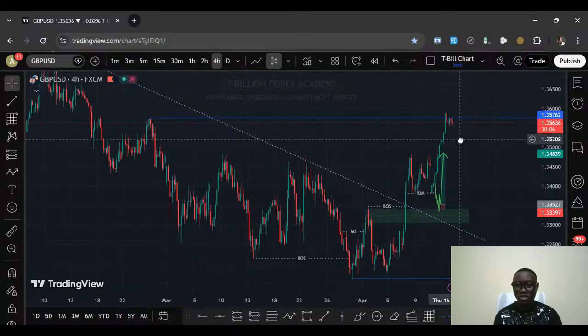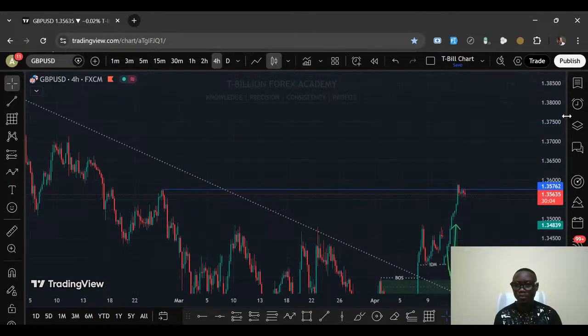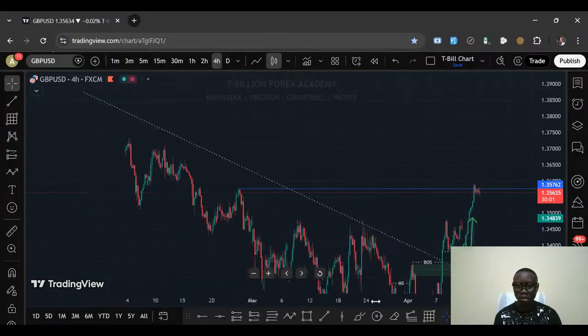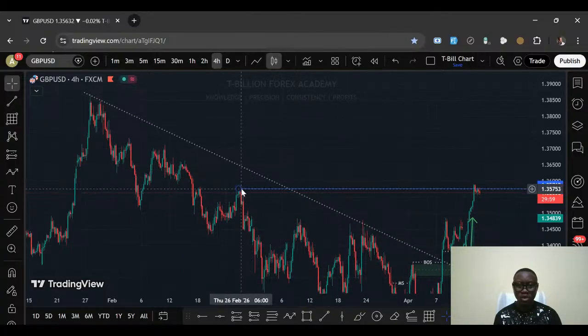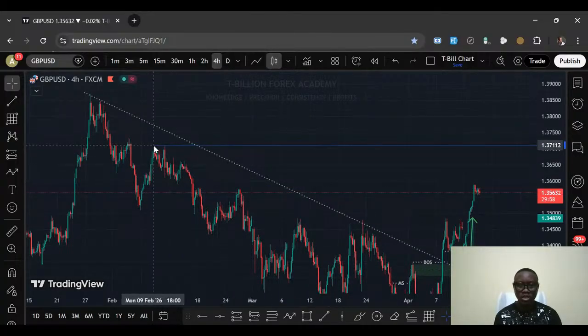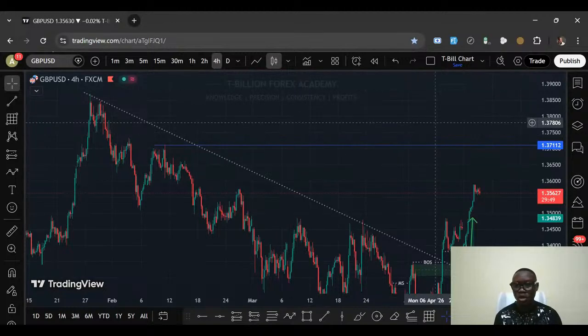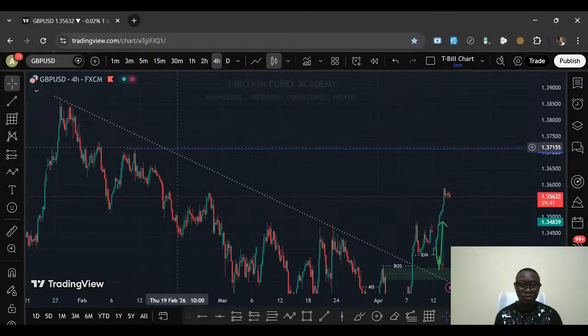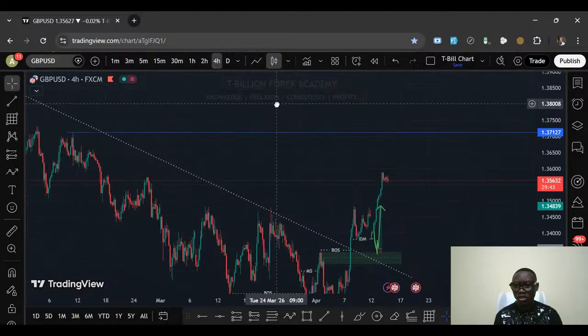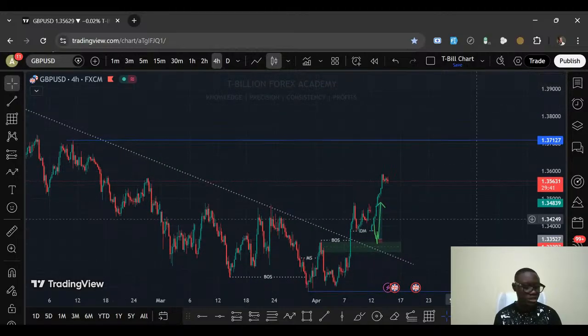So this is what we are looking at in terms of external liquidity that price is going to take out. Again, thinking institutional, price moves from liquidity to liquidity, and that is how the institutions operate. So if you're trading SMC, you have to think institutional, not retail.